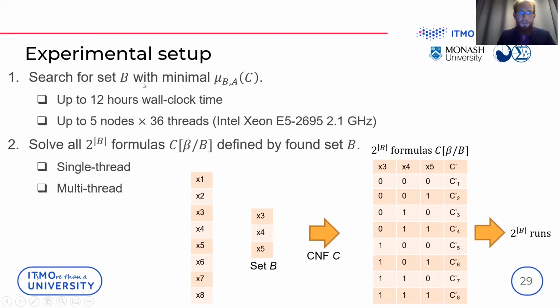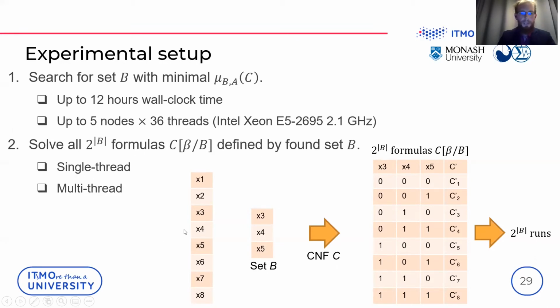The experiment was divided into 2 parts. The first was to search for a set B with minimal d-hardness. And for this, we used up to 12 hours of wall clock time, using up to 5 nodes of a cluster. And then, having already found set B, we solved all weakened subformulas defined by the set on single thread and multi-thread.